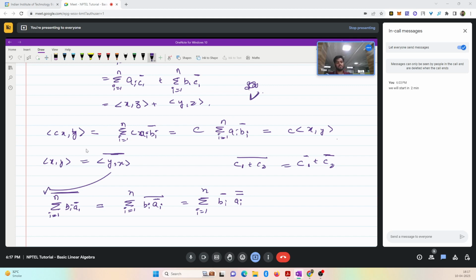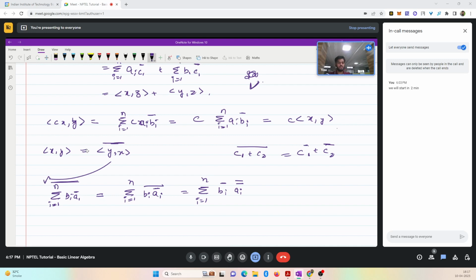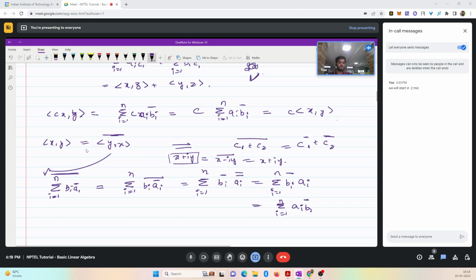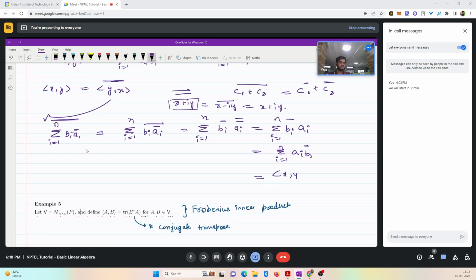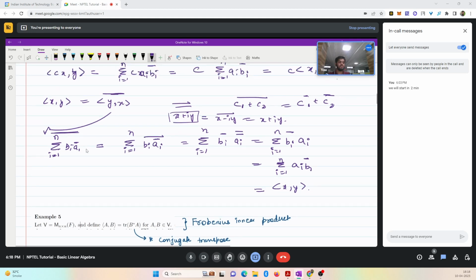Now if you look at this carefully, if you look at something like x plus iota y, and you take its conjugate, then it is x minus iota y. If you take one more conjugate, then this would be the same as the initial one, right? So this is nothing but the summation i equal to 1 to n of bi conjugate ai. As this is commutative, you can write the summation i equal to 1 to n of ai bi conjugate, which is nothing but (x, y). Okay.